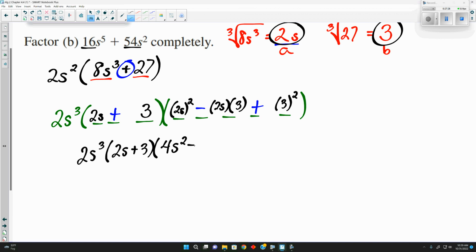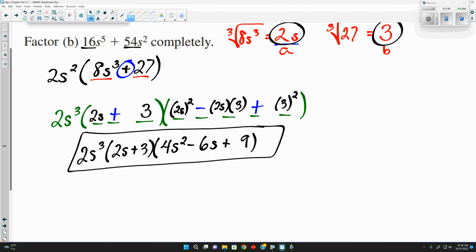Minus 2s times 3, 2 times 3 is 6, and we have s plus 3 squared is 9. And that's it. Any questions on any of these here?